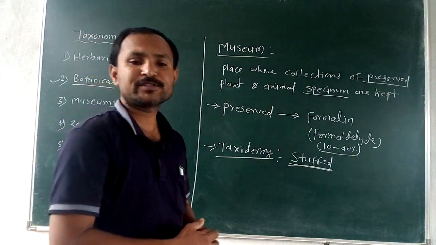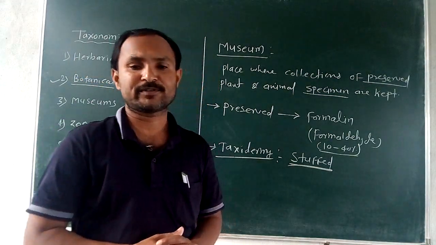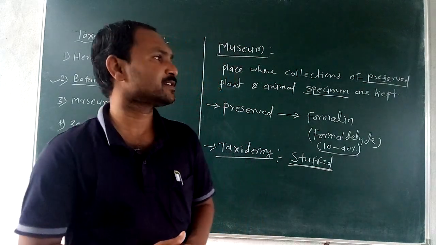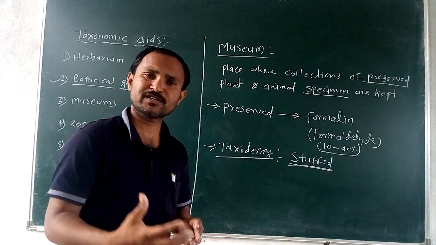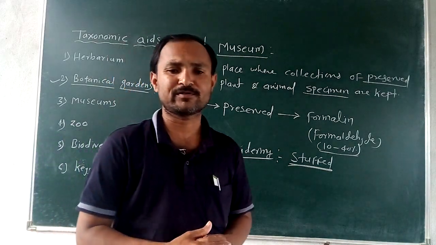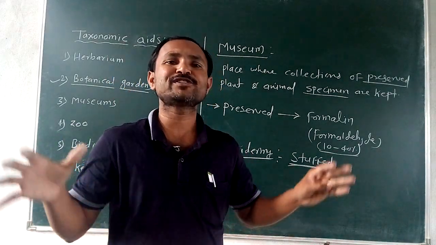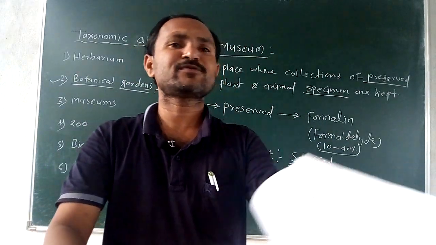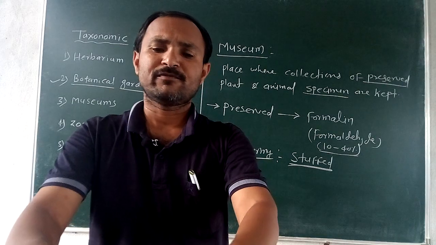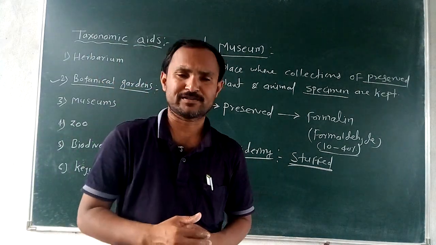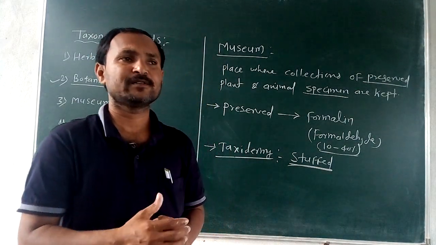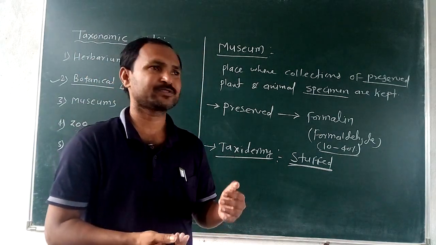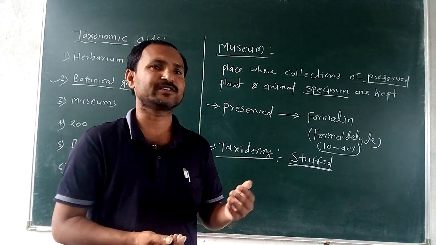Now, the biological museum is very important for our educational purpose. For education, these museums, botanical gardens and herbariums are very important. Why? To study the biodiversity of nature. In nature, different types of plants and animals are present. We cannot study each and every plant. So plants and animals can be studied in the lab, in the botanical garden, and in the museum.